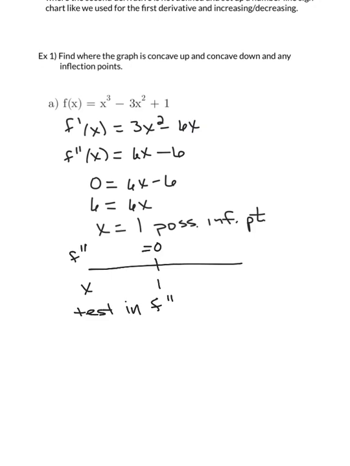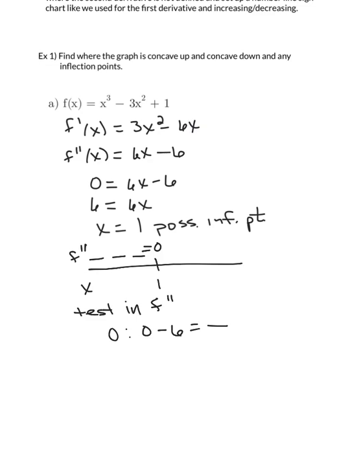So let's test 0. If I put 0 into my second derivative, I will get 0 minus 6, which is, remember, all we care about is the sign, negative. So everything to the left of 1 would give you negative answers.